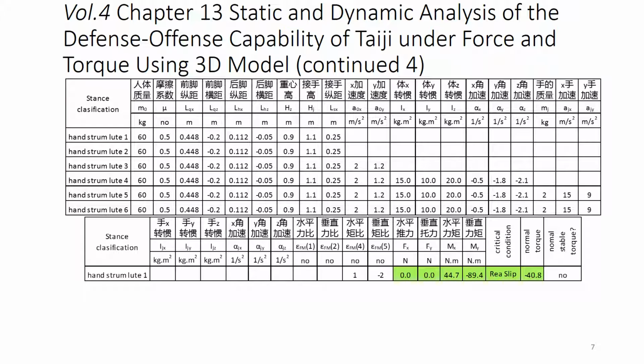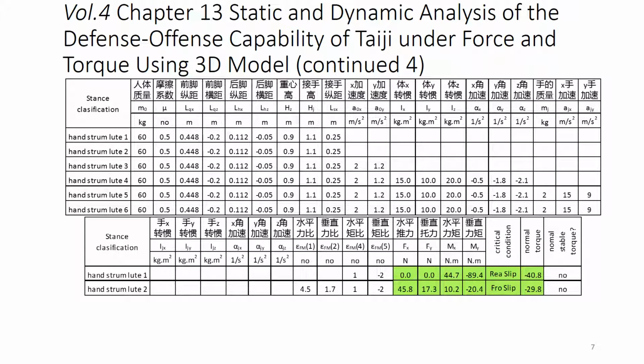MY negative 89.4 Newton-meter. Case 2. FX 45.8 Newton. FY 17.3 Newton. MX 10.2 Newton-meter. MY negative 20.4 Newton-meter.